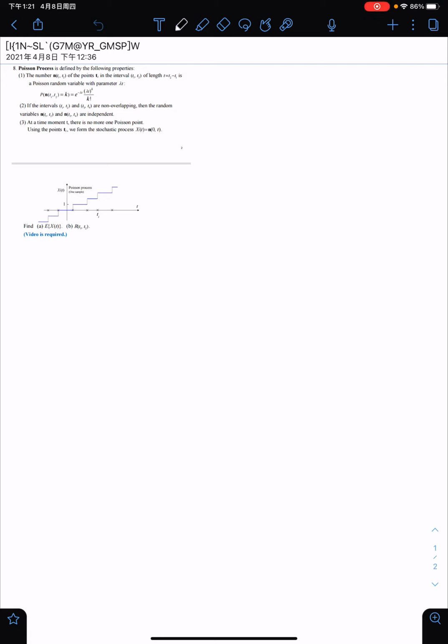It's a Poisson process. And the first question, we need the expected value of X(t).